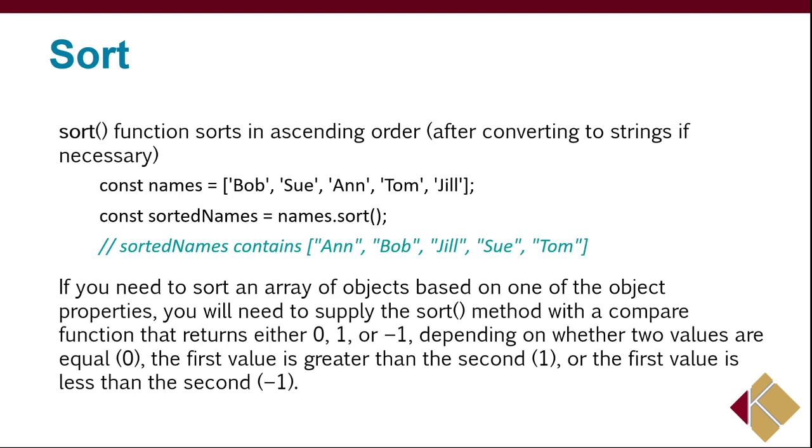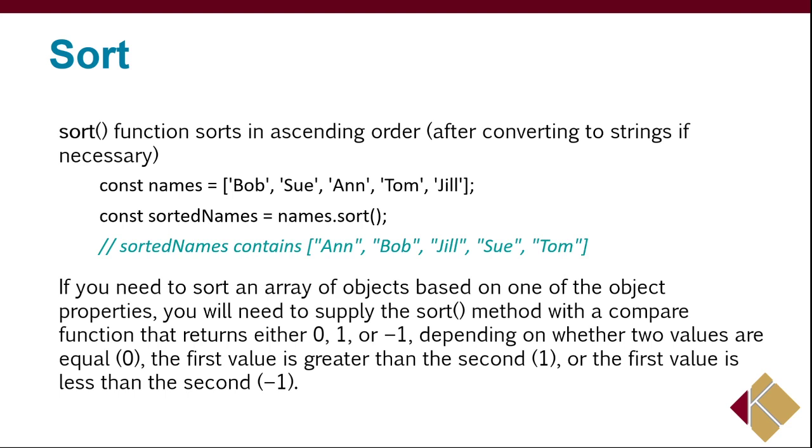Sort would not be able to sort our paintings array, because a paintings array is a two-dimensional array. A one-dimensional array here is like names. So we have Bob, Sue, Ann, Tom, and Joe. It's going to sort them alphabetically ascending. So it's going to start at A, go to Z.